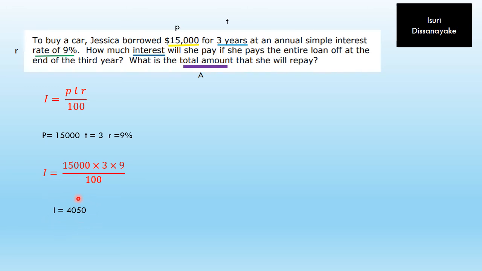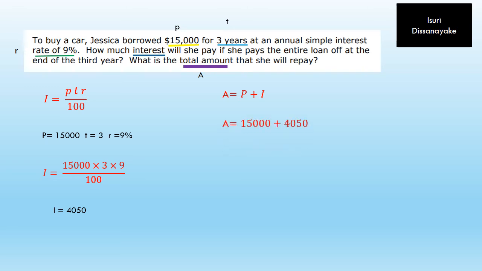Now, when you pay back the total amount at the end of 3 years, you also have to pay the initial amount you borrowed and the interest together. So, we have another formula for this, that is A equals P plus I. A means the total amount, which is equal to the principal amount you borrowed plus the interest you have to pay.